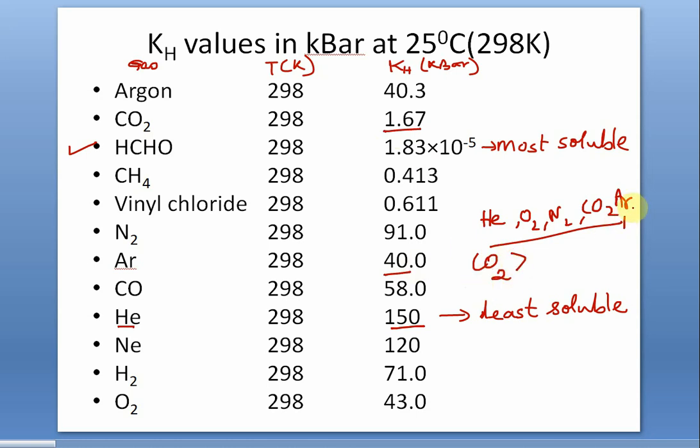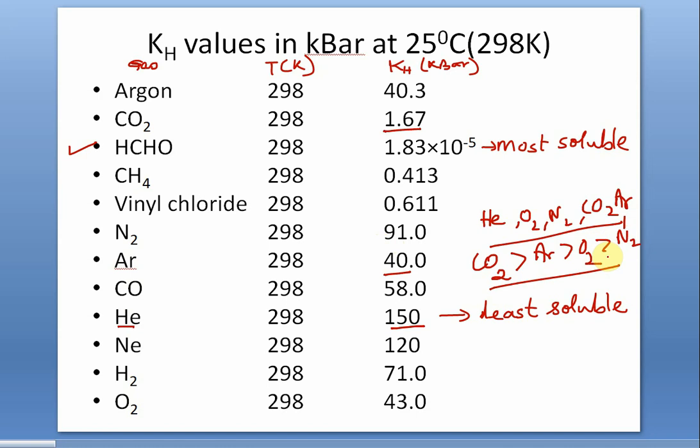Then between argon and oxygen, you see, argon is 40 and oxygen is 43. So definitely argon is slightly more soluble than oxygen. Then oxygen, we already know oxygen is more soluble than nitrogen. And nitrogen is 91, much less soluble, 2 times less soluble than oxygen. So in this way, you can have a feel about the relative solubilities of different gases, right?